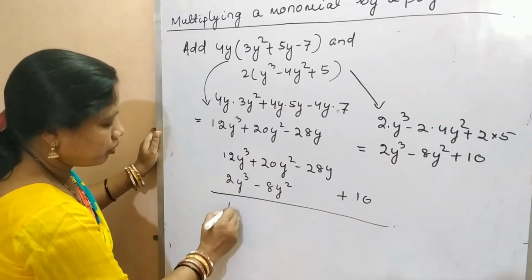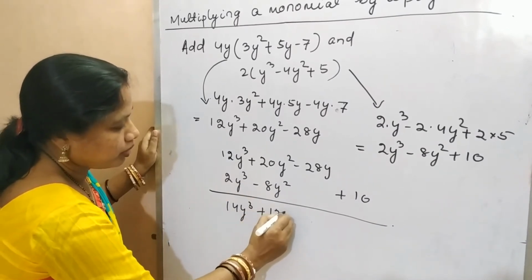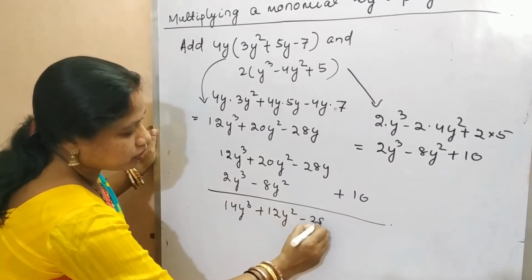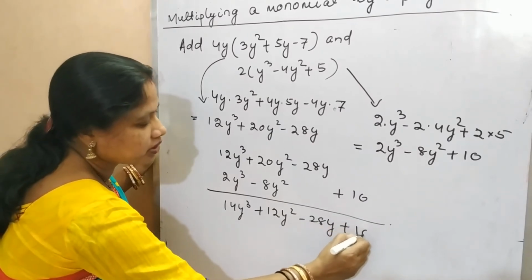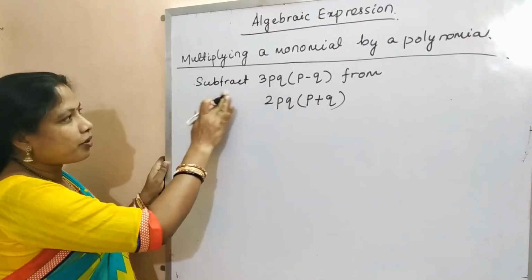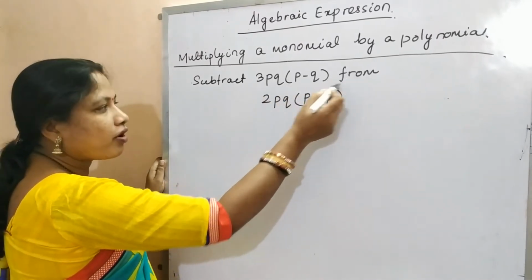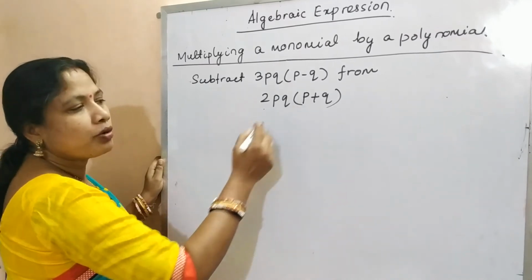So 14y cube plus 12y square minus 28y plus 10. This is the answer.